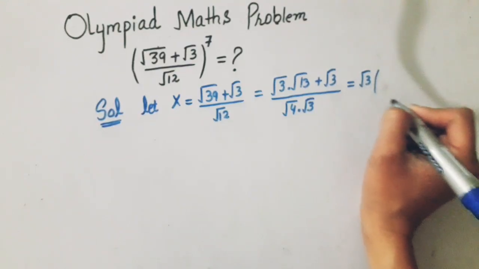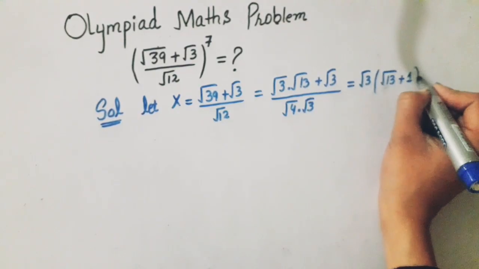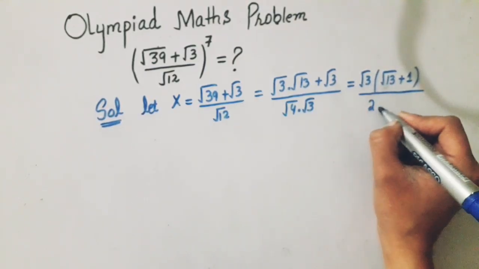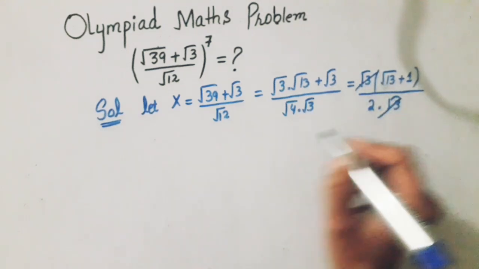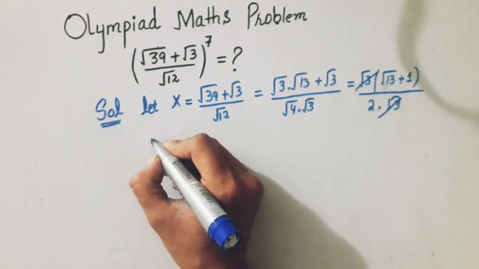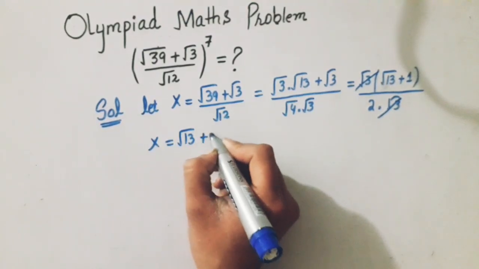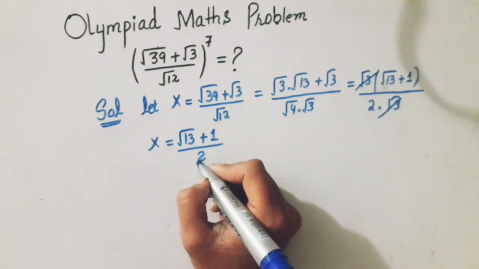So remaining is root 13 plus 1, divided by root 4, which can be written as 2 into root 3. So root 3 and root 3 are cancelled out. We have the value of x that equals root 13 plus 1 divided by 2. So this is the value of x.